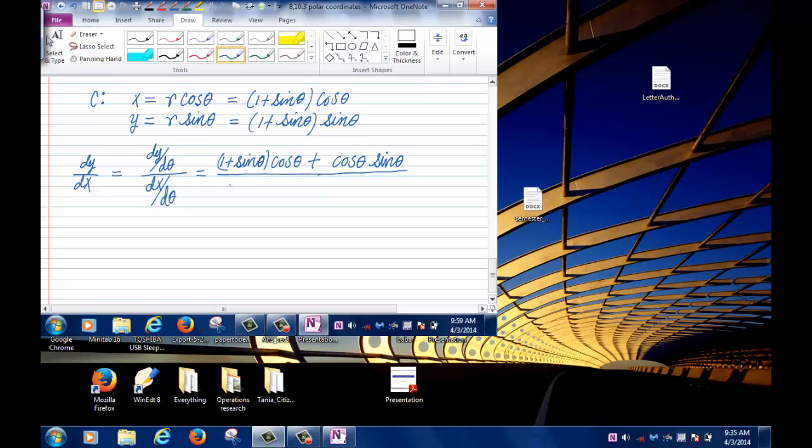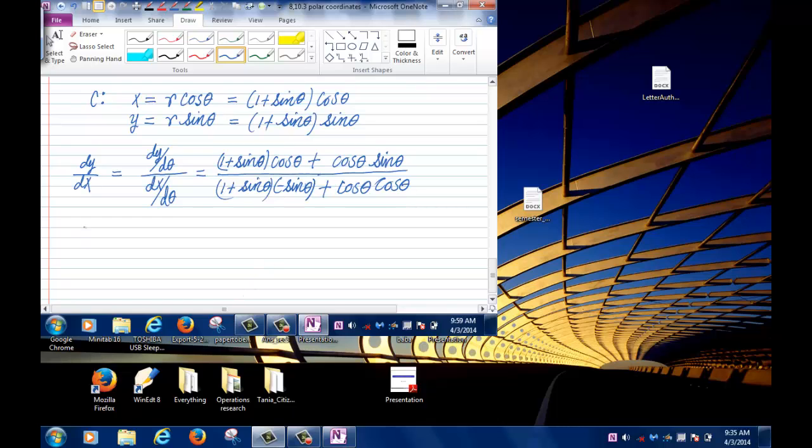And in the denominator, it will be 1 plus sine theta times the derivative of cosine, that's negative sine theta, plus cosine theta times cosine theta, right? Everybody's okay?